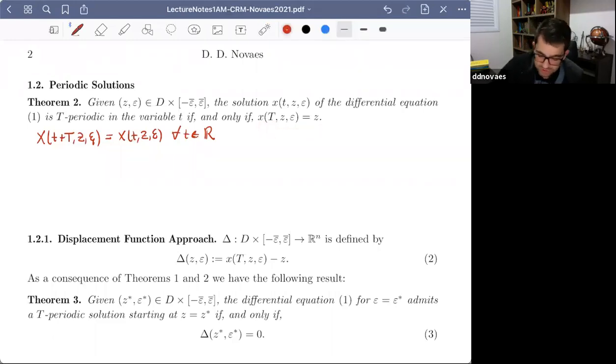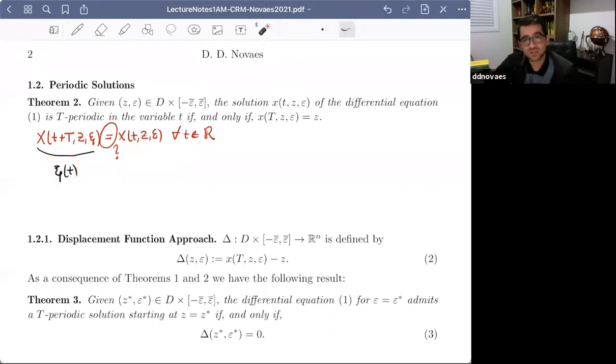In order to prove this result, it's simple. It's the classical approach. So I want to know if this is true. We call this function by another letter, for instance Xi, and we just have to check if Xi satisfies the same initial value problem that x(t, z, epsilon) satisfies. First we compute the derivative of Xi.